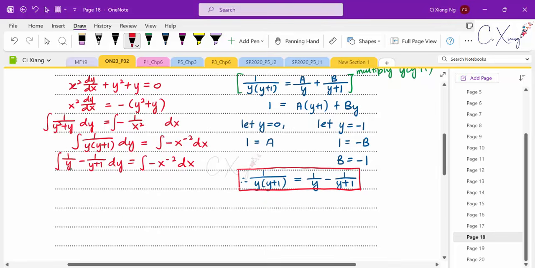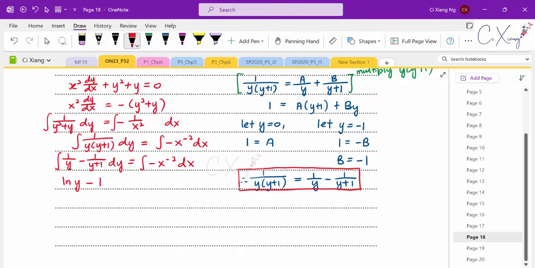Okay, so we can integrate all the terms here. Integrate 1 over y, you get ln y. Integrate 1 over y plus 1, you have ln y plus 1. Integrate negative x to the power negative 2, you are having negative x to the power negative 1 divided by negative 1. Then don't forget about the plus c after you complete the whole integration.